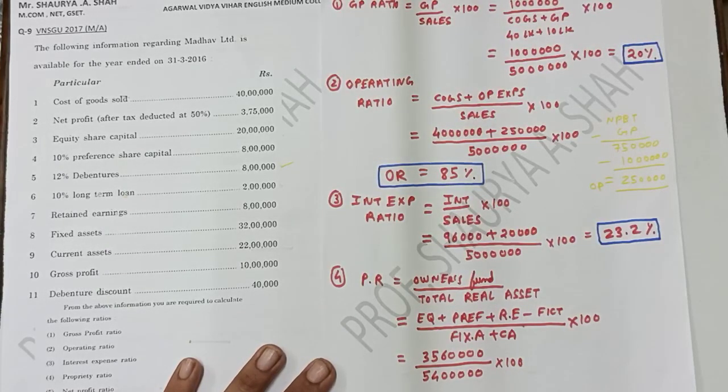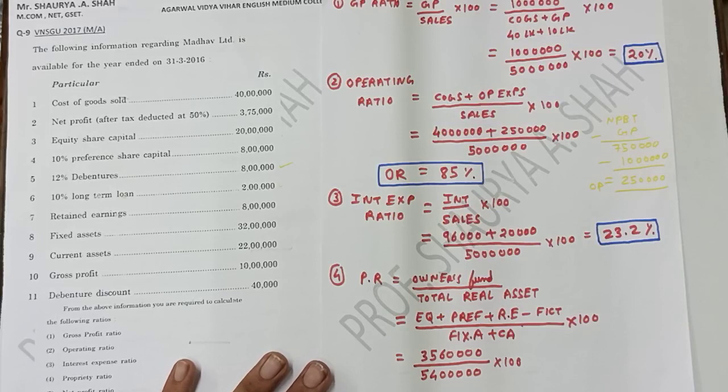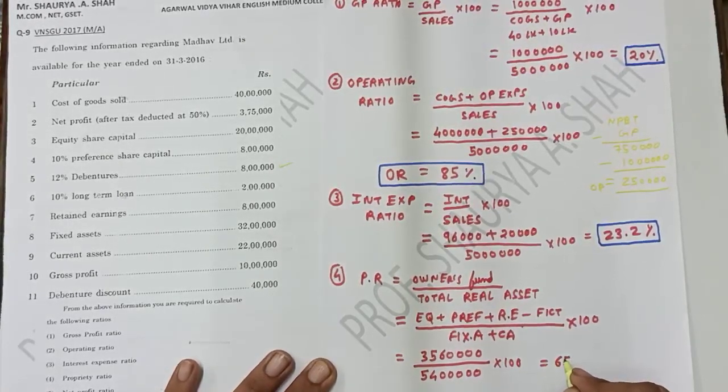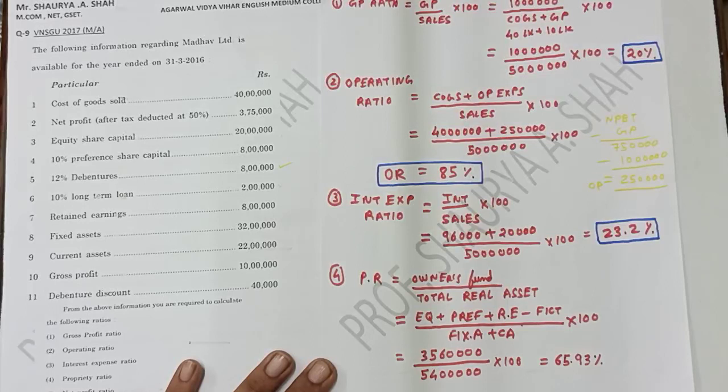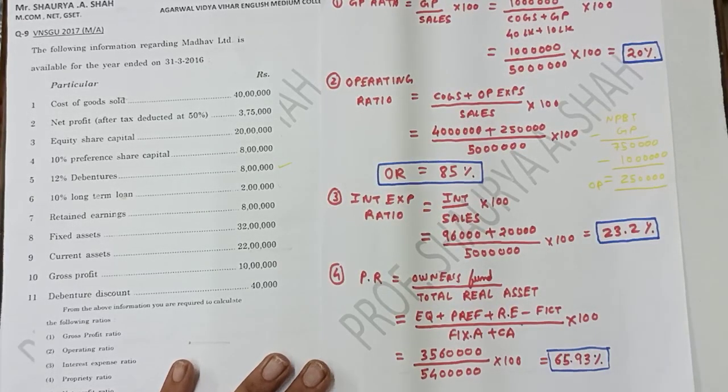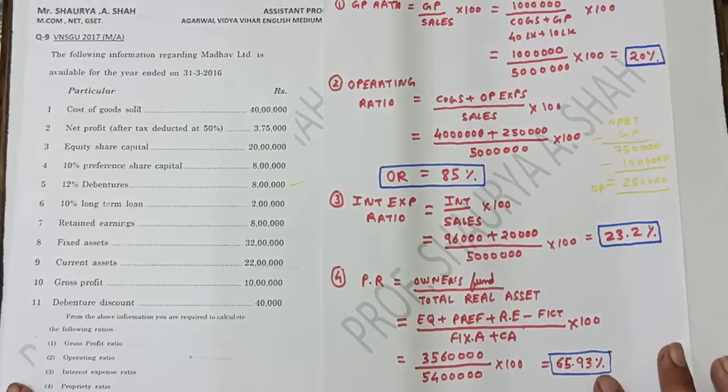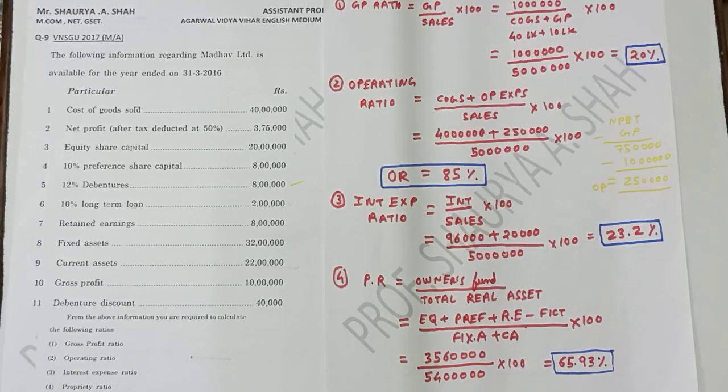So when I solve this, I'll get the answer of 65.93%. That is my proprietary ratio. I suppose it is clear to each and everyone.